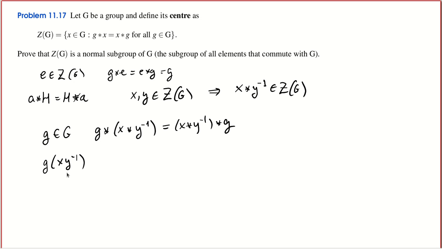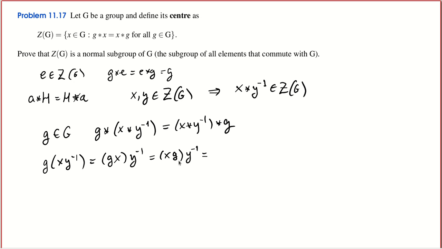Now we apply the associative property, so this is equal to the product of these two times this one. Since x is an element of the center, it commutes with g, so we can write it just like that, y inverse.